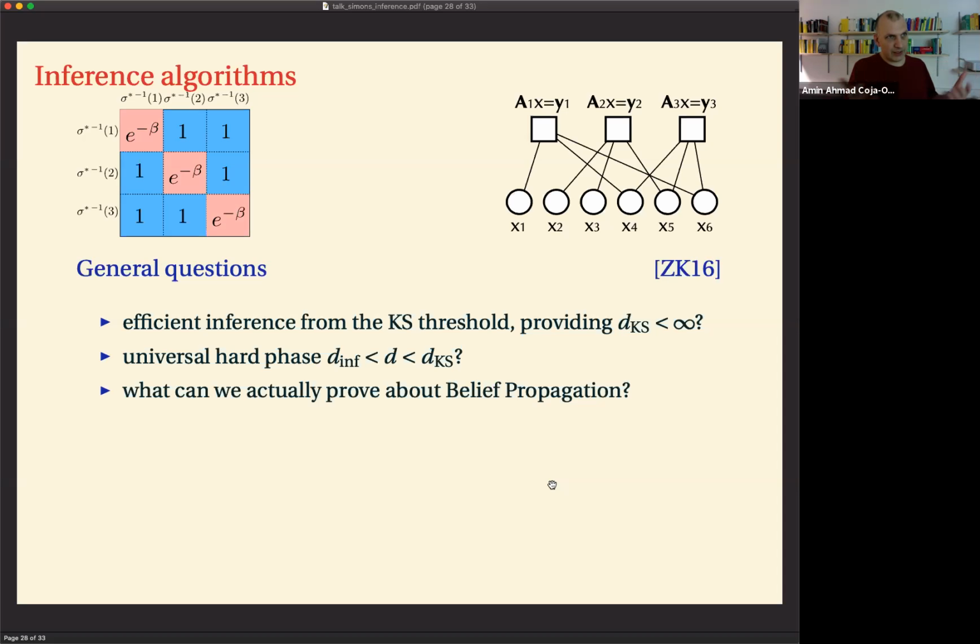It would be interesting to refute or corroborate this hunch that you would get a hard algorithmic phase in these inference problems if the Kesten-Stigum bound is separated from the information-theoretic bound, which typically occurs when this phase transition is discontinuous, when you suddenly get a new fixed point, a new solution to belief propagation, pop up at a place that is totally unrelated to the trivial fixed point.